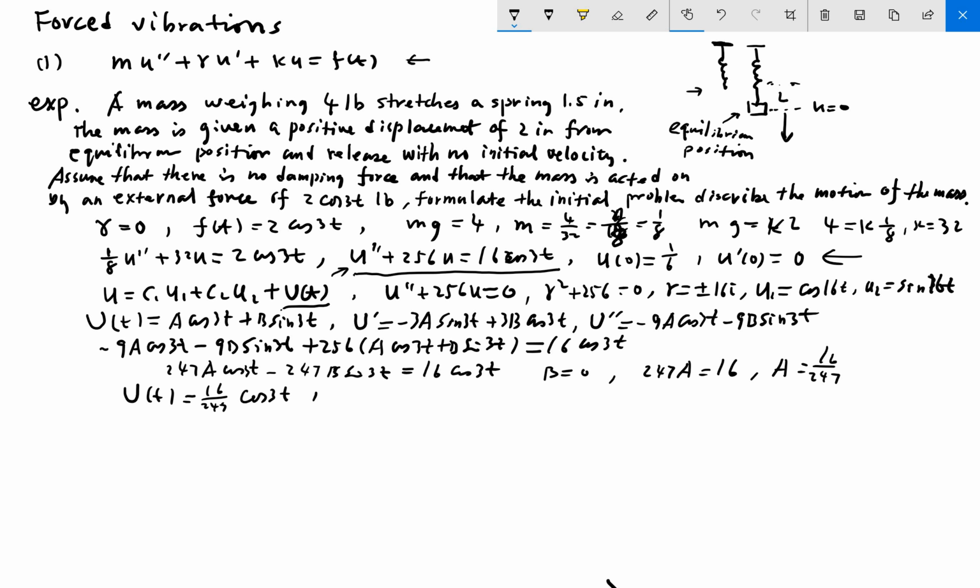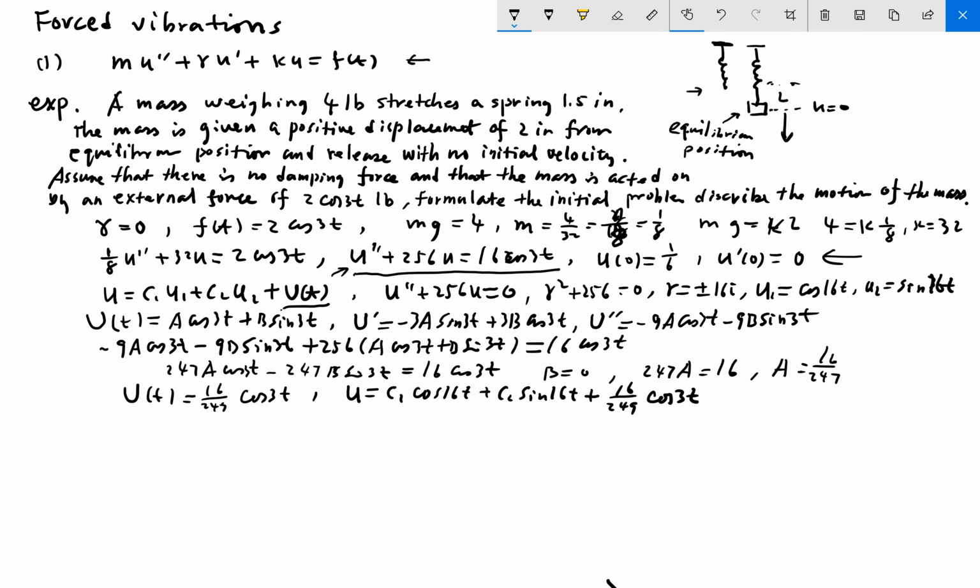Therefore, our general solution is C1 U1, where U1 here is cosine 16t, plus C2 sine 16t, then plus the specific solution cosine 3t.